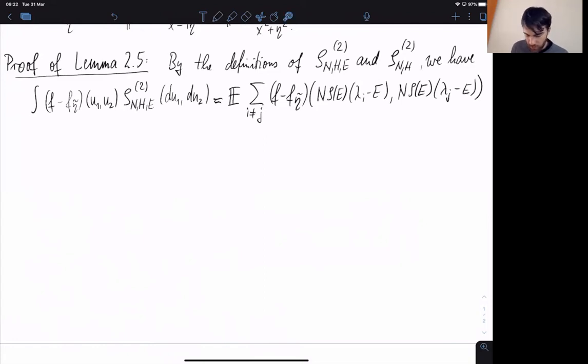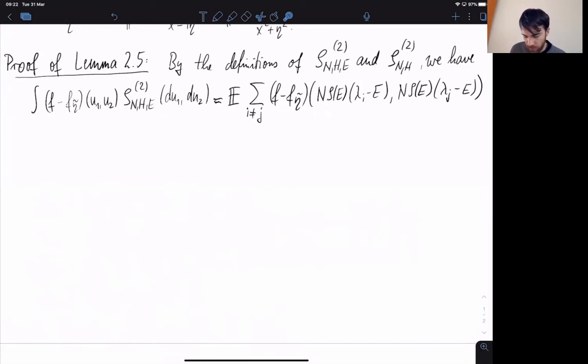Okay, so how does this come up? First of all, these rescalings come from the definition of the local k-point intensity measure as a push forward measure under this map from the k-point, or 2-point, intensity measure.